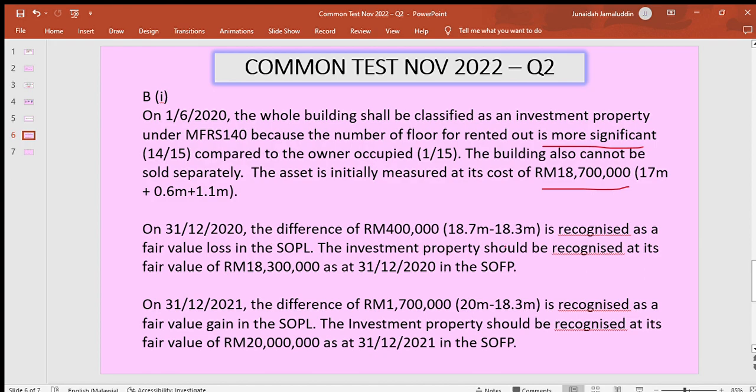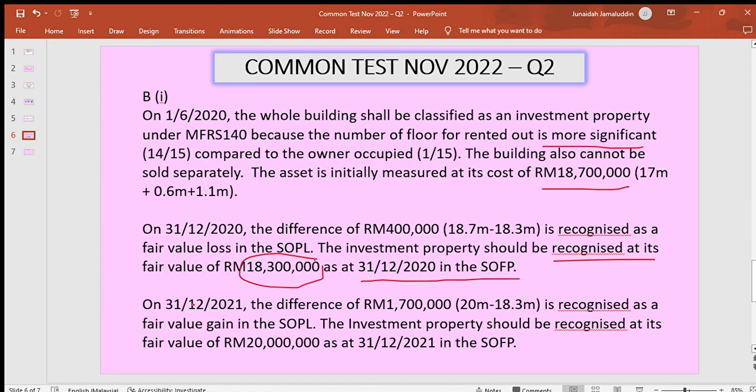And the investment property should be recognized at its fair value of 18.3 million as at 31st December 2020 in the SOPI. So the investment property should be measured at its fair value, at 31st December 2020 in the SOPI.